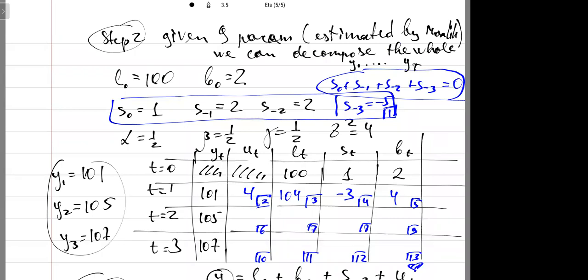So we can say this is a trend, these are seasonal effects, this is a growth rate. The growth rate is changing, so we can extract these from our algorithm, okay?